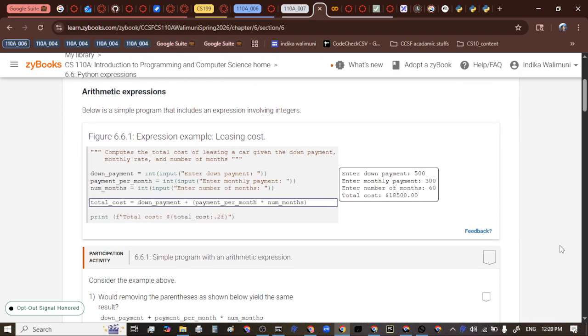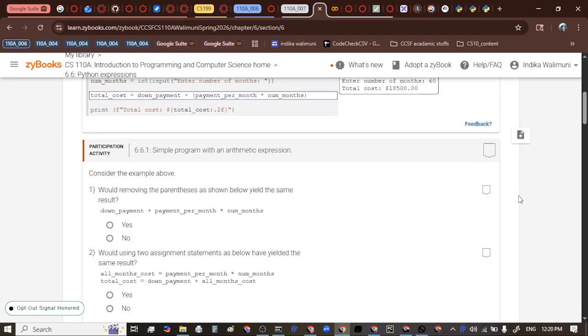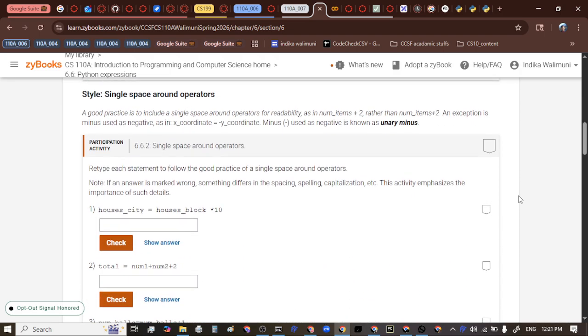Okay, so we have been discussing expressions already, right? So there are some style guides. In expressions, you can see this one, right here: x coordinate equals negative y coordinate, and you can see that with this minus sign you don't put a space.